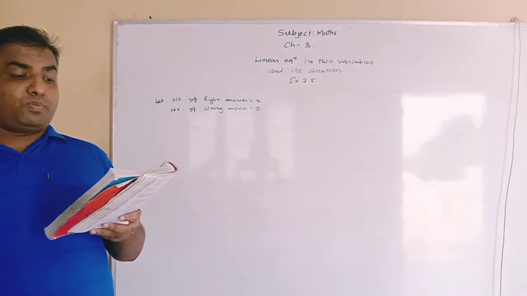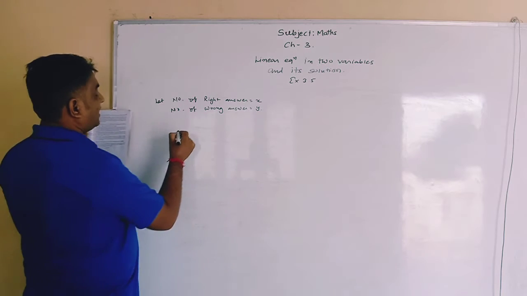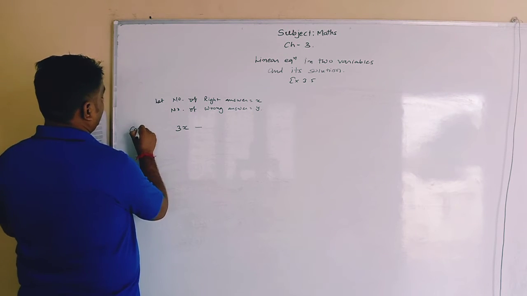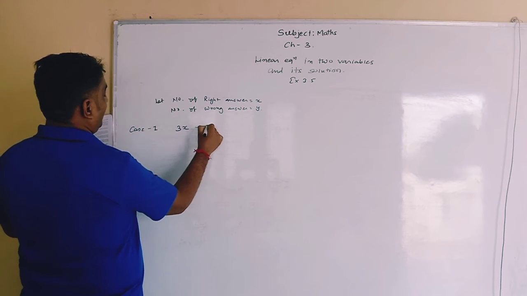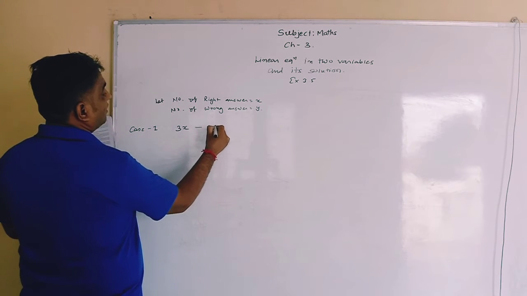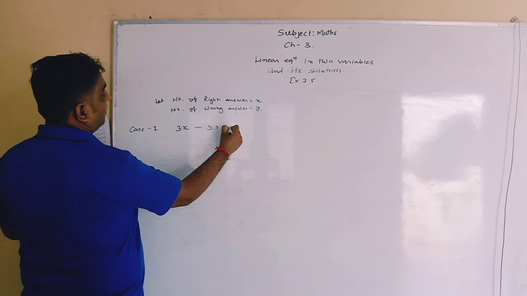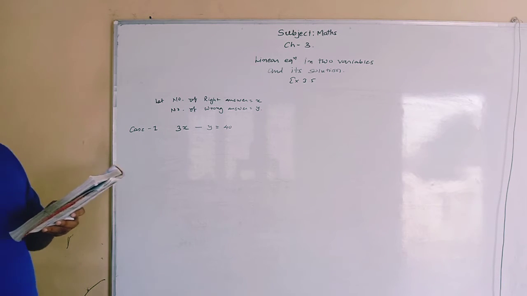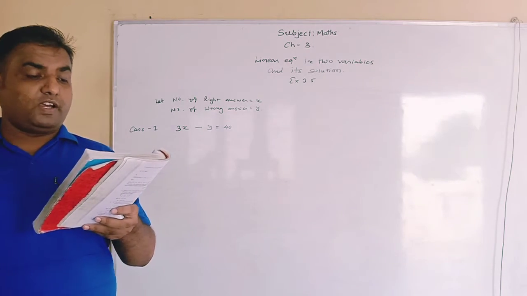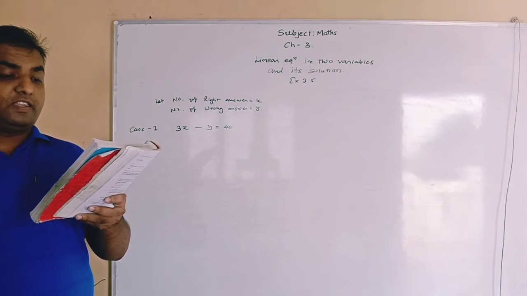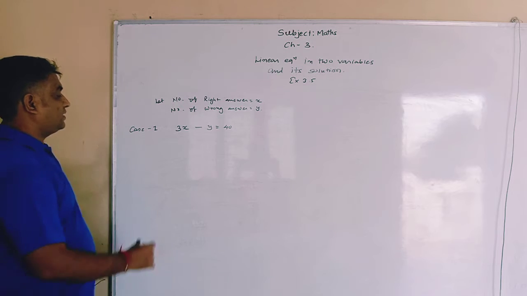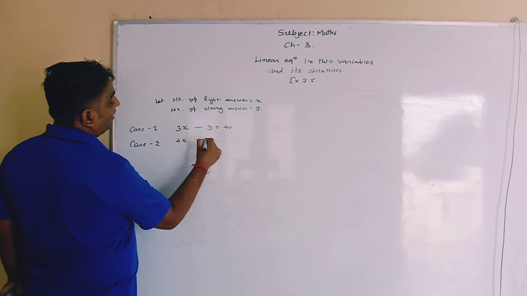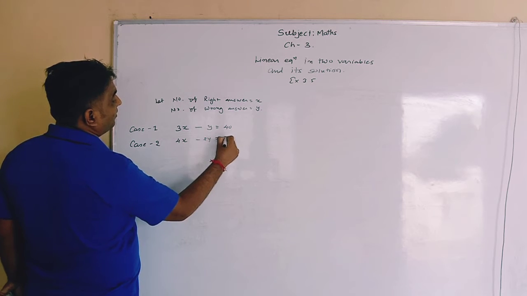Then his score is 40, 3 marks awarded for the correct answer, case 1, and 1 mark decreased for the wrong answer, then 40 marks, that is the first equation. Now it is said that if 4 marks were awarded and 2 marks deducted, then he would have scored 50 marks. So in case 2 it is 4 marks for the correct and 2 marks for the wrong, then 50 marks.